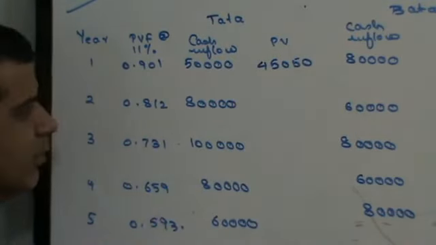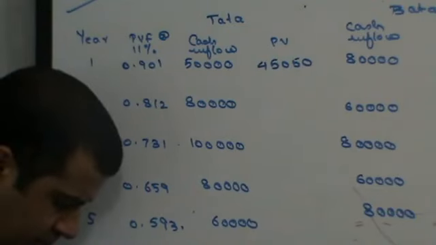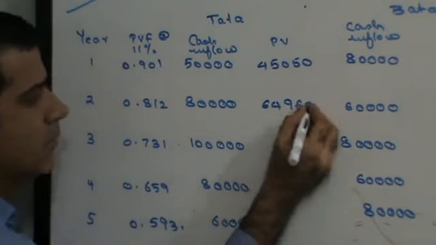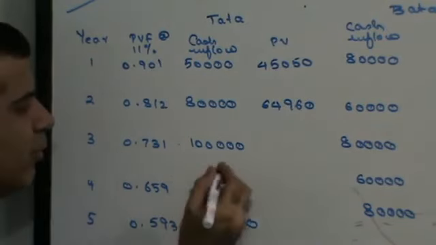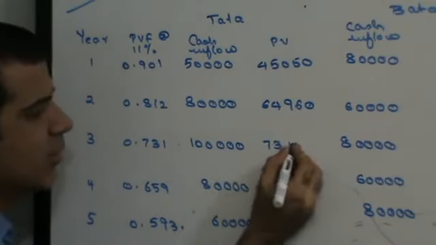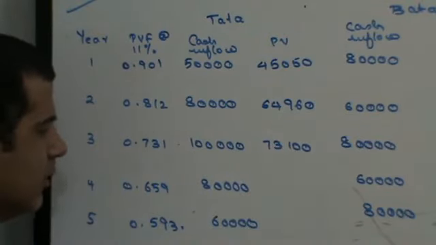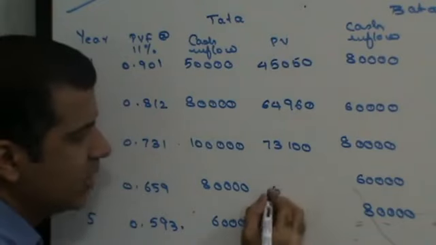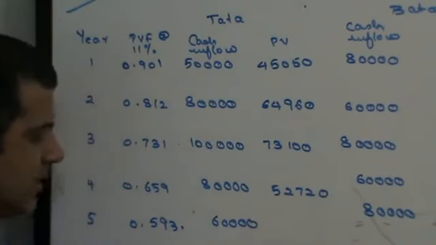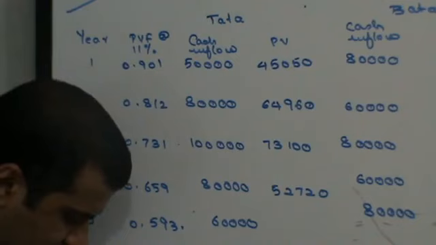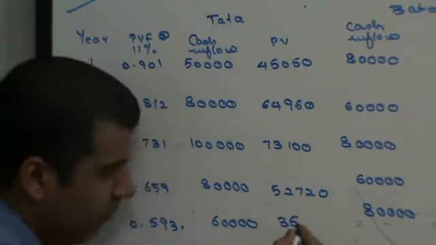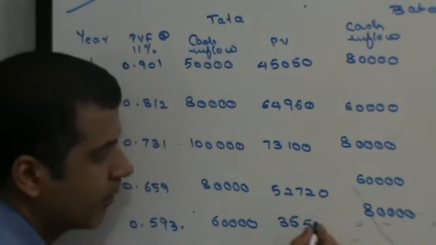Similarly, 80,000 into 0.812 is going to be 64,960. 1 lakh into 0.731 is 73,100. 80,000 into 0.659 is 52,720. 60,000 into 0.593 is 35,580.